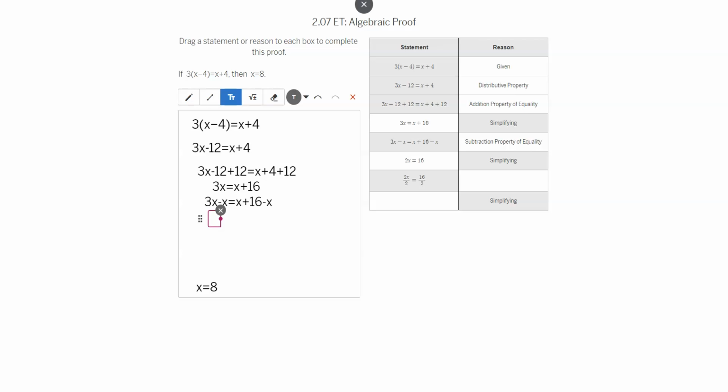The next thing that we will do is divide both sides by 2 to prove that x equals 8 by simplifying.